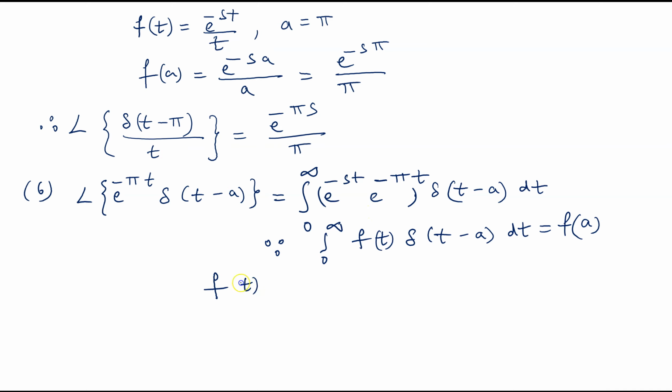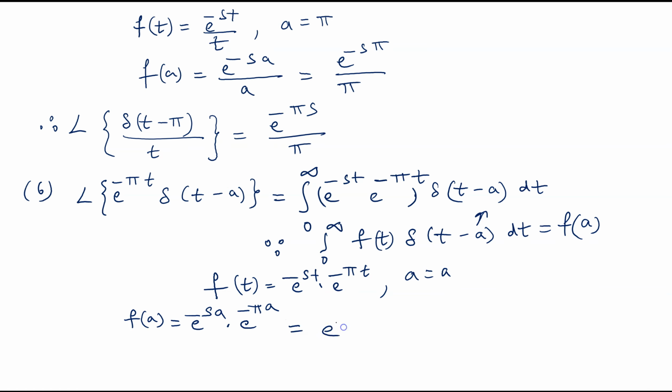Now write f of t by observing this. So f of t equal to e power minus st into e power minus pi t. And a equal to a only, no change. Now f of a equal to e power minus sa into e power minus pi a, right? You can add these powers because the bases are same: minus sa minus pi a.